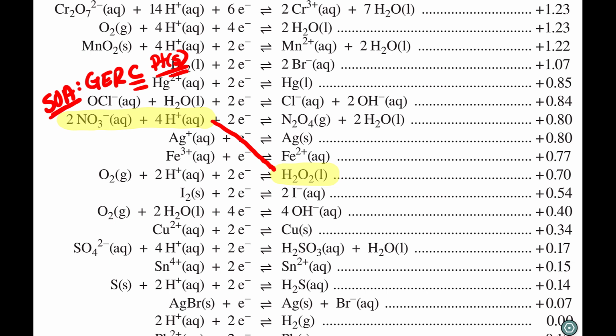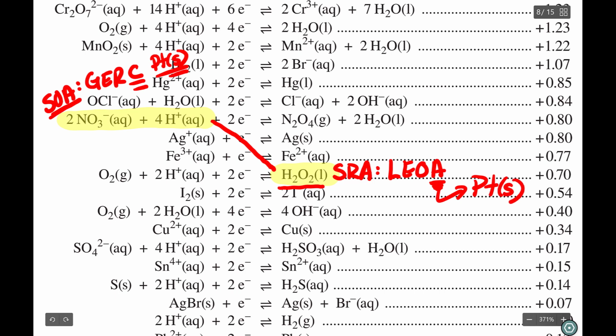Conversely, this is my strongest reducing agent, and we know that it loses electrons and undergoes oxidation at the anode. It doesn't mean that this is the anode. It isn't. It's just the strongest reducing agent. But where it will react is at the anode, which is a different piece of platinum solid. So I can have two pieces of platinum as electrodes. They aren't reacting. They're just where the reaction takes place.